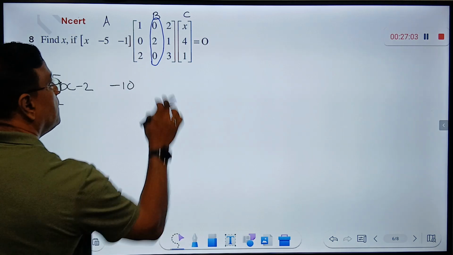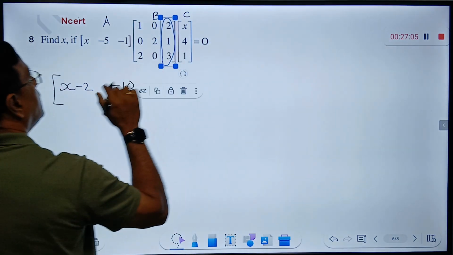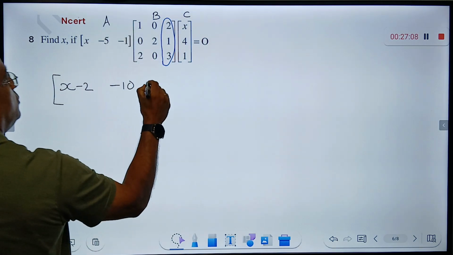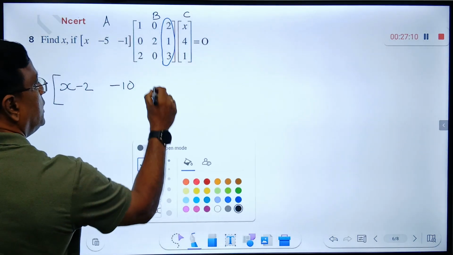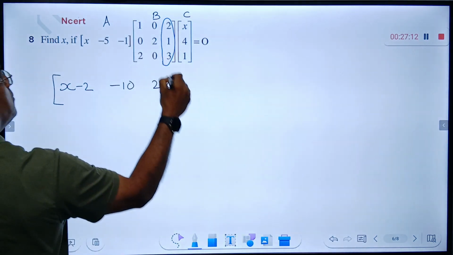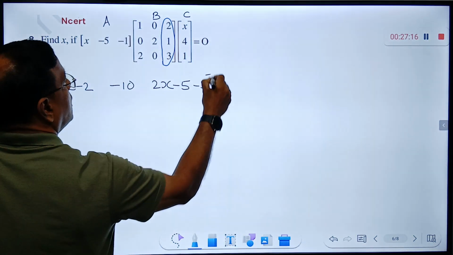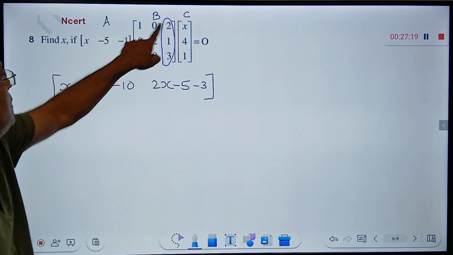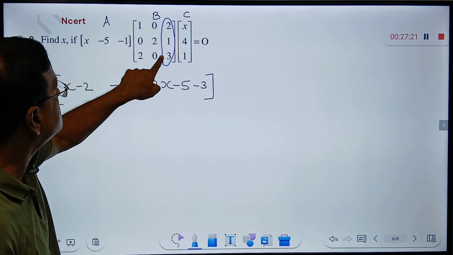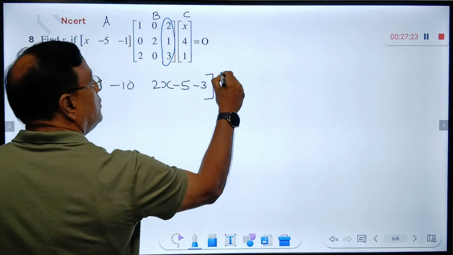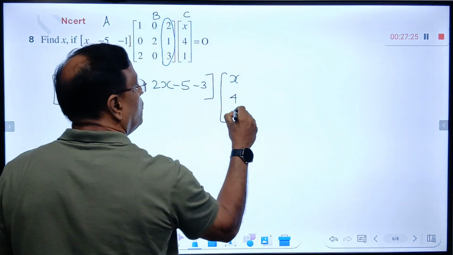Correct? Next. What happens? This is 2x, 2x, minus 5, minus 3. 2x, minus 5, minus 3, correct, into x, 4, 1.